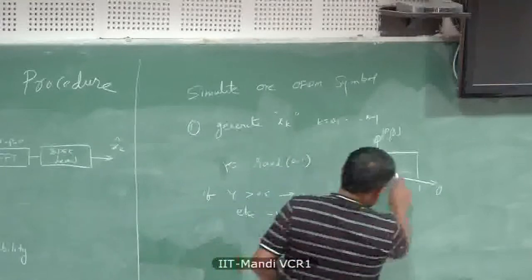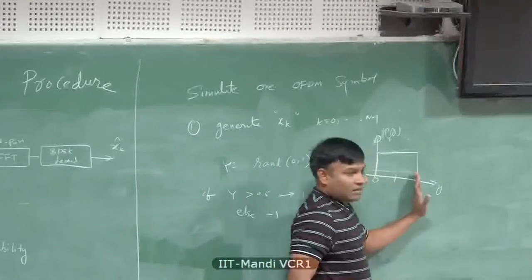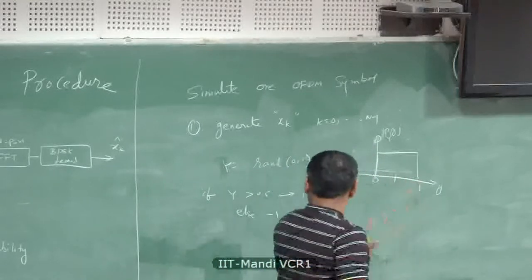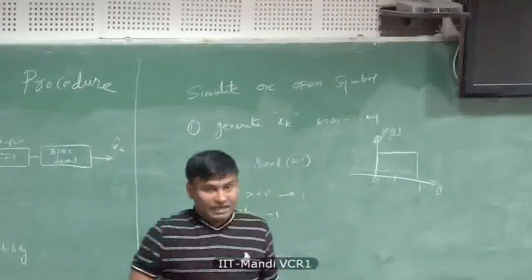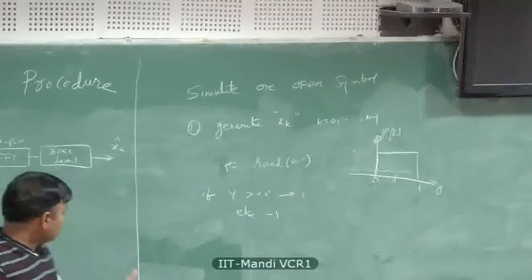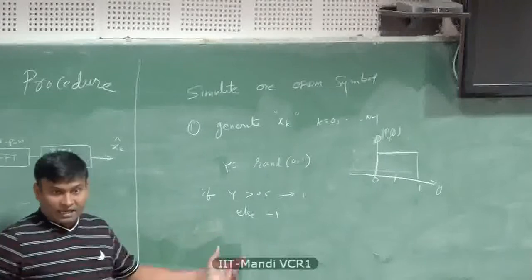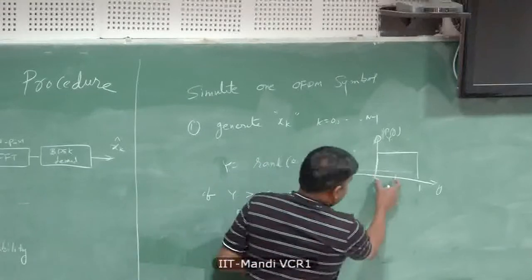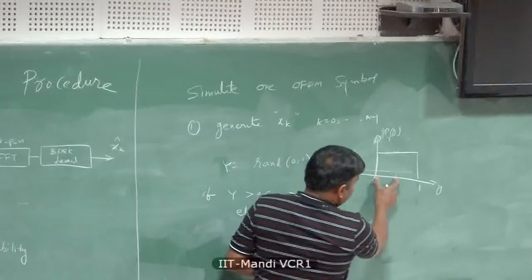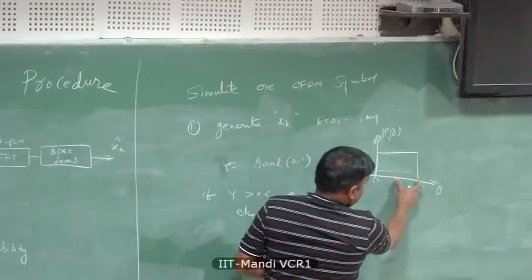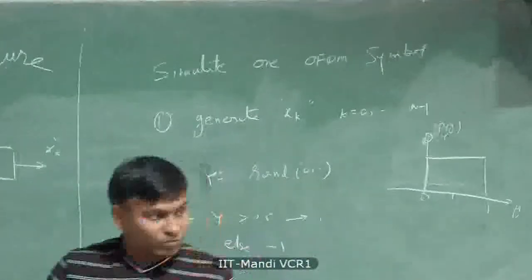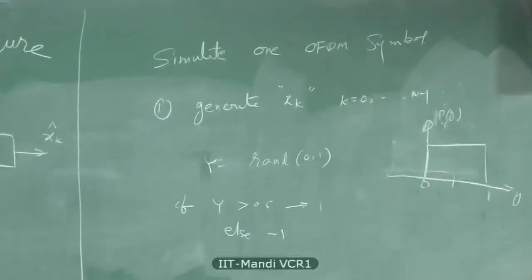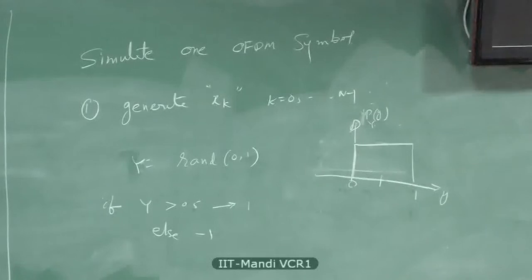If you generate a number, if it falls in this half, you assign plus 1. If it falls in this half, you assign minus 1. Now, plus 1 and minus 1 that you generate in this manner have equal probability, because any number that falls within this strip has the same probability as the other number that falls within this strip. Both strips have equal probability.